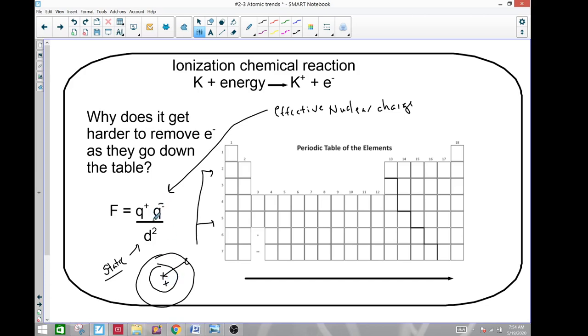Remember, this is the charge on that electron, and this is the charge on the nucleus. So all we're doing is adding positive charge. Sometimes the nucleus in Coulomb's law is like a light bulb, and it shines out light in all directions.